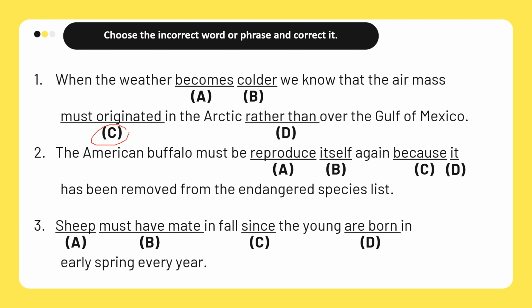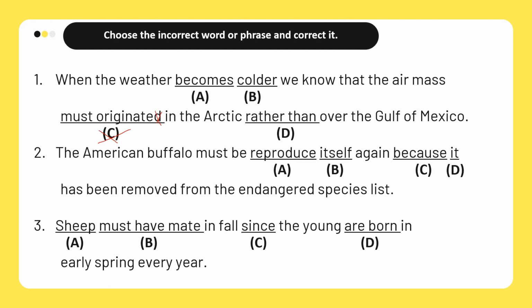So here what we need is a logical conclusion in the past, which means we're using must have. So here we miss must have, and it's followed by participle or verb 3, which is originated. So the correct answer is C.